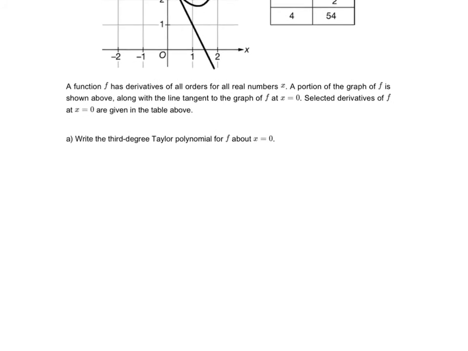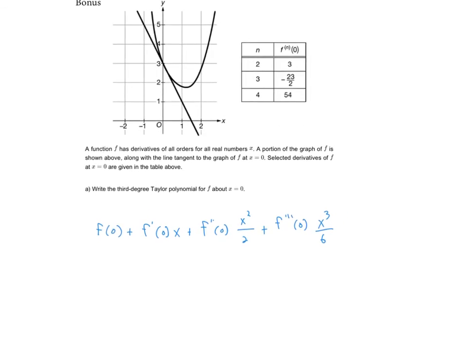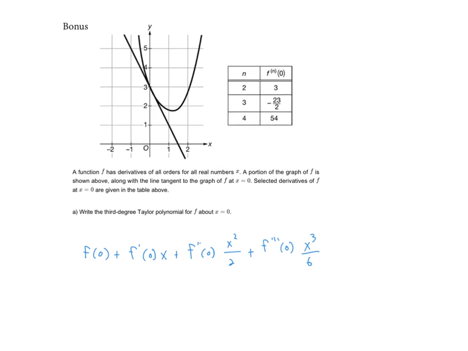So in general, this is what we need: f of 0 plus f prime at 0 times x plus f double prime at 0 times x squared over 2 plus f triple prime 0 times x cubed over 6. Now we just need all these different derivatives, basically.